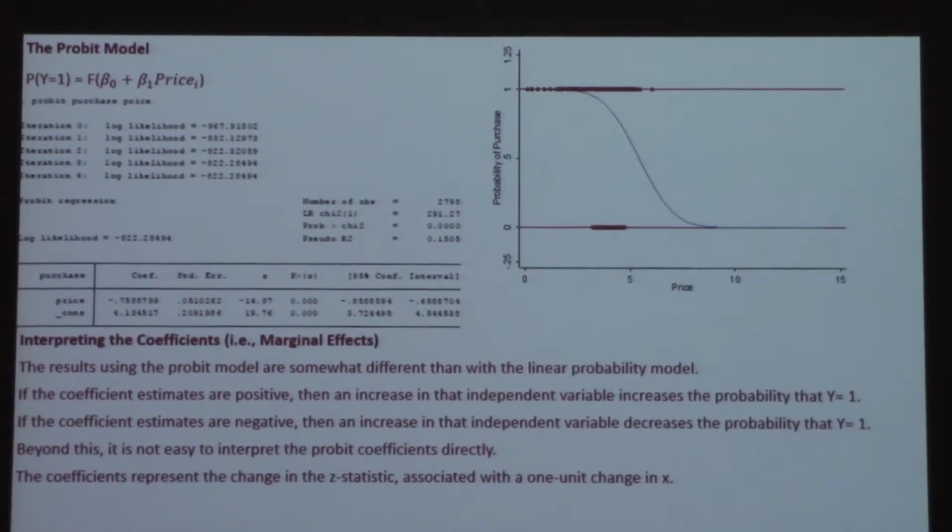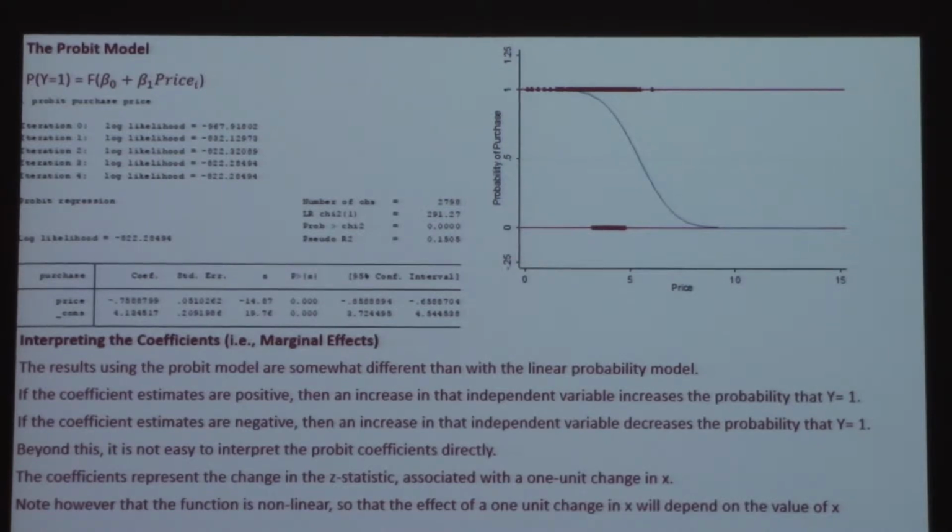Again, it doesn't really tell us much. We need to be able to convert these to actual probabilities. The outputs from the probit model are difficult to interpret. They do have an interpretation, but it's a difficult interpretation. But again, what we want to look at is sign and significance. It's negative, so the law of demand holds, and it's significant. So we're good, we're fine.